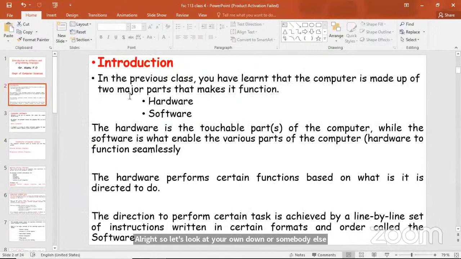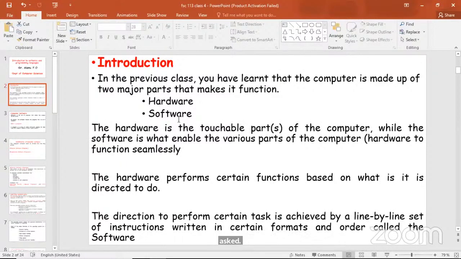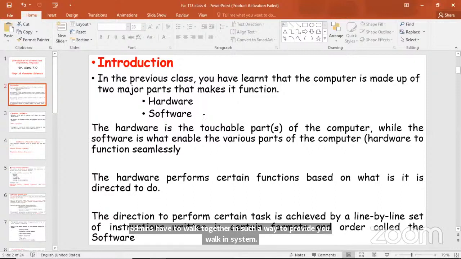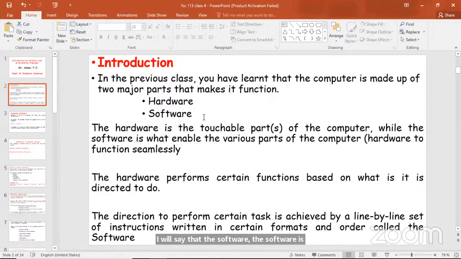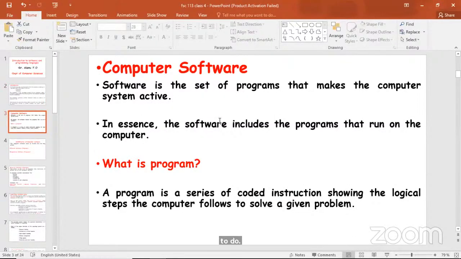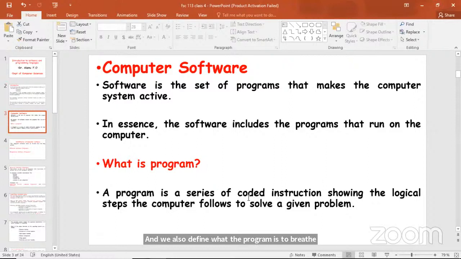All right, so let's look at a rundown as somebody has asked. I said you have the software and the hardware, and they work together in such a way to provide a working system. And we said that the software is the part that contains the instruction that tells the computer what to do. So we also define computer software, and we also define what a program is, to be a series of coded instructions showing the logical steps the computer follows to solve a particular problem.